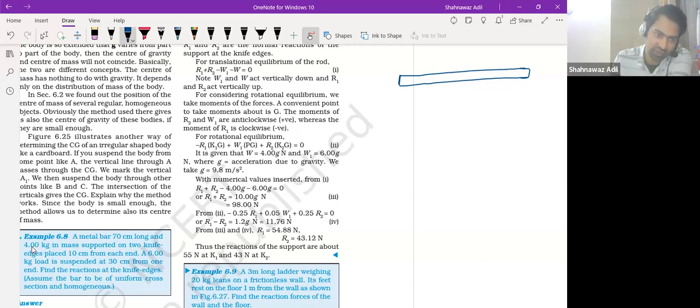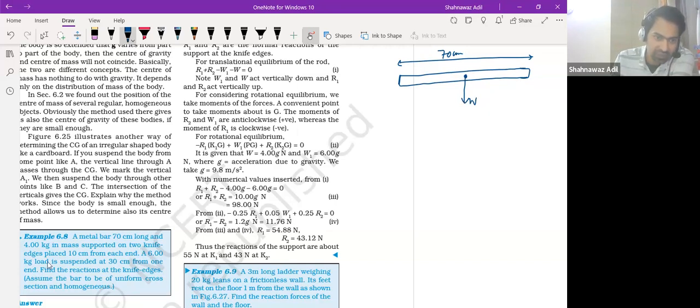Because it has a mass of 4 kg. So a metal bar, 70 centimeter long, and the center of mass would be the geometrical center. All the mass would be concentrated here. This would be the weight of this metal bar, right?